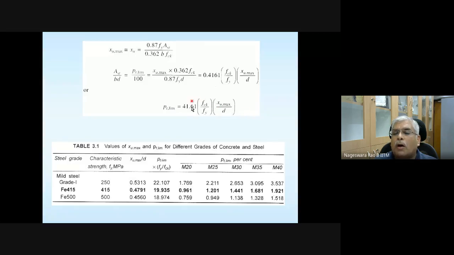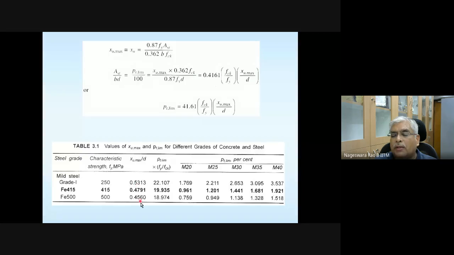And once you have all this information, you can prepare a table like this, which is shown here, for different types of steel, for different grades of steel. If grade of steel is decided, then the yield strength of steel is known. If yield strength of steel is known, your XU max divided by D is fixed.